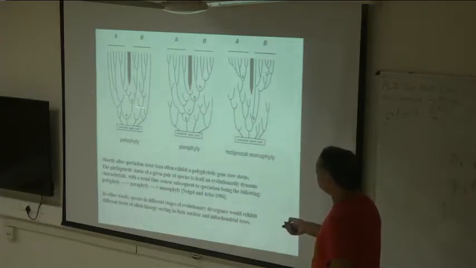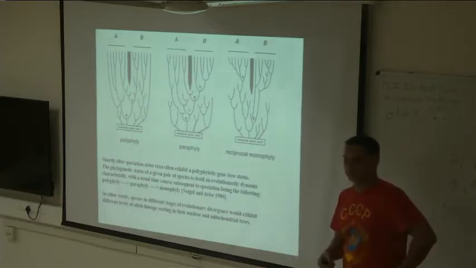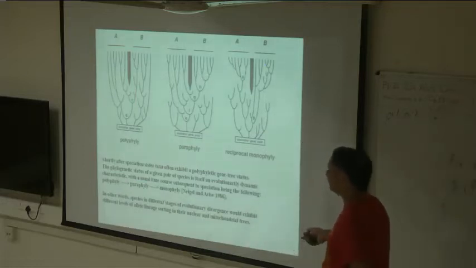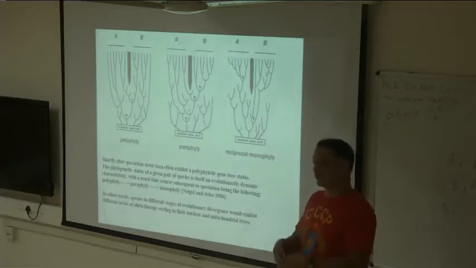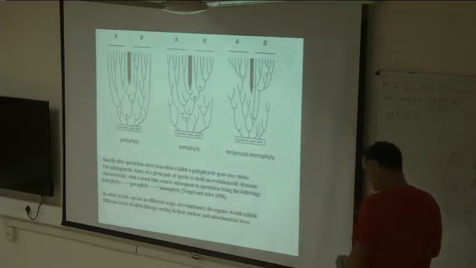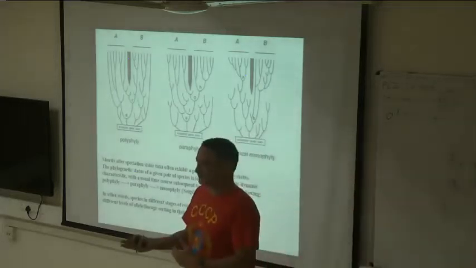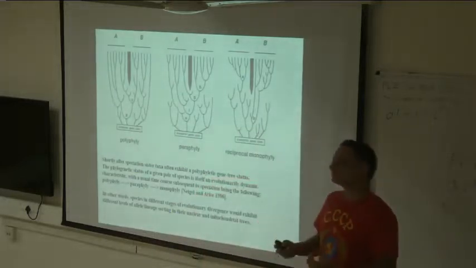So depending on where you're sampling, you can get gene genealogies that are different from each other. Okay. For some genes, the two populations might be monophyletic. For other genes, they might not be. Okay. All right. So this can bring about differences in gene topologies across different genes.